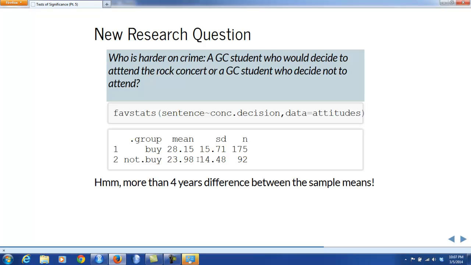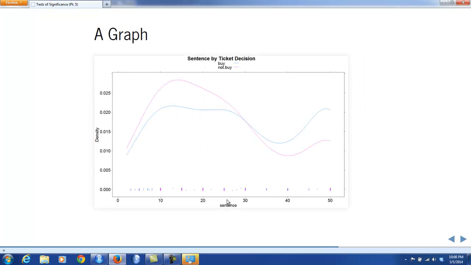This might be interesting. We can look at it graphically too. So here's a density plot of the people who said that they would not buy a ticket. Notice it's tall towards some of the lower sentences in the 10 to 20 year range. Here's the density plot of the people who said they would buy a ticket.